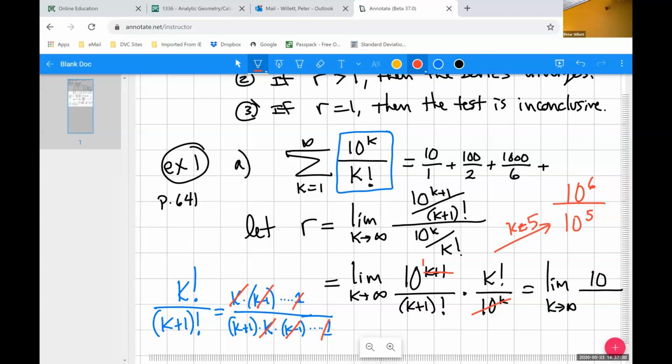Then that would be 10 to the 5th in the bottom and 10 to the 6th in the top. Well, basically you have one more power of 10 in the top than in the bottom. So that's 10 to the 6 minus 5, which is 10 to the 1. So it would be 10 to the power of k plus 1 minus k.